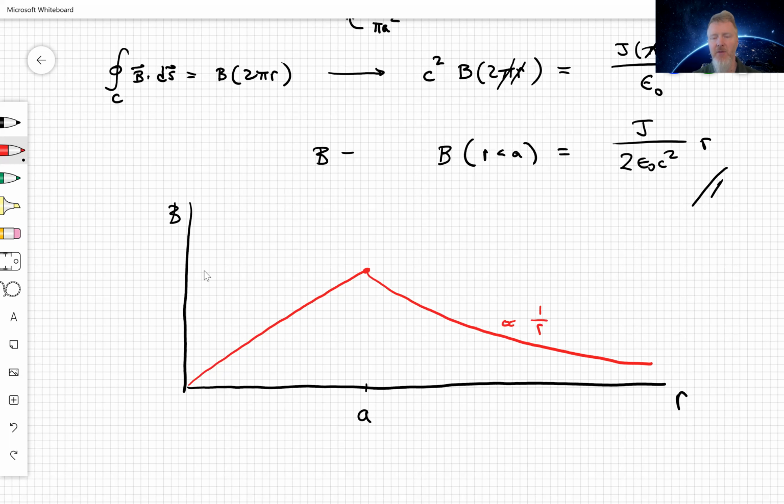It's kind of hard to distinguish between any of those. So it's just nice to put the dependence right on there. Oops, proportional to r. That, hopefully, I can distinguish. That's a straight line. Okay.